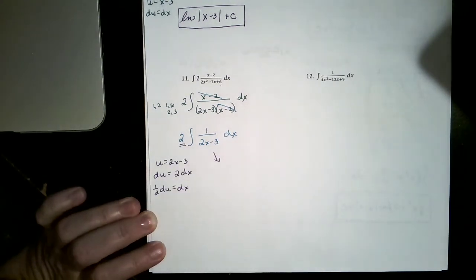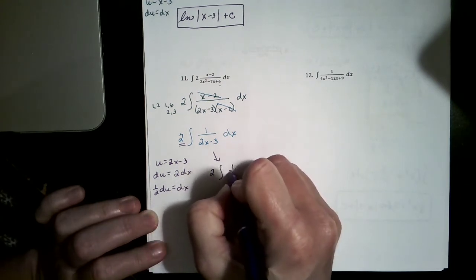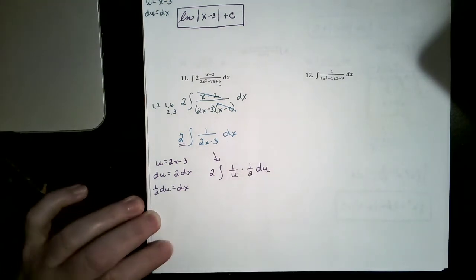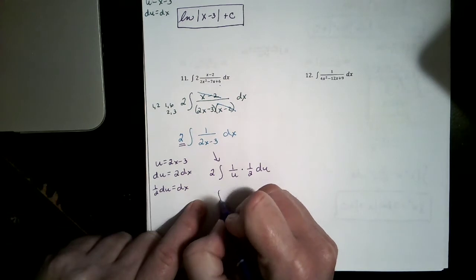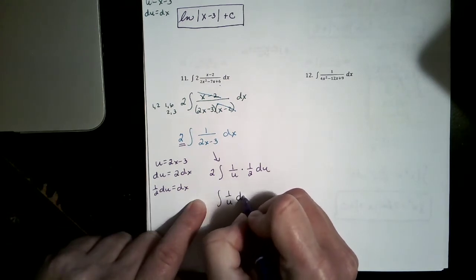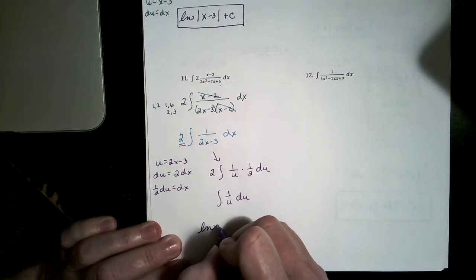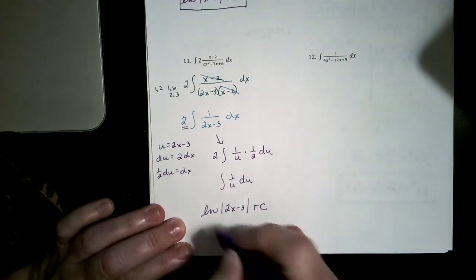When I was doing this problem earlier, I forgot about the 2. We have the 2 out in front, the integral of 1 over u times 1/2 du. When I pull the 1/2 out and multiply it by the 2, they're going to cancel out. So this just becomes the integral of 1 over u du. So I end up with the natural log of u, which is 2x minus 3, plus c.